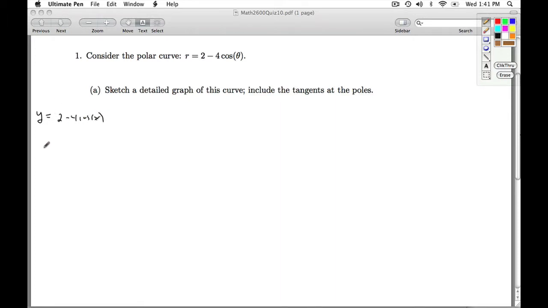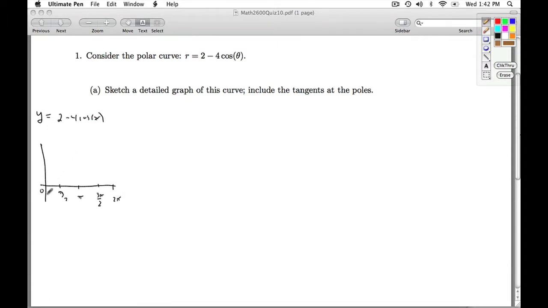y equals 2 minus 4 cosine x. Since I haven't messed around with the inside of the cosine function at all, I've got my standard quarter marks at 0, pi over 2, pi, 3 pi over 2, and 2 pi.